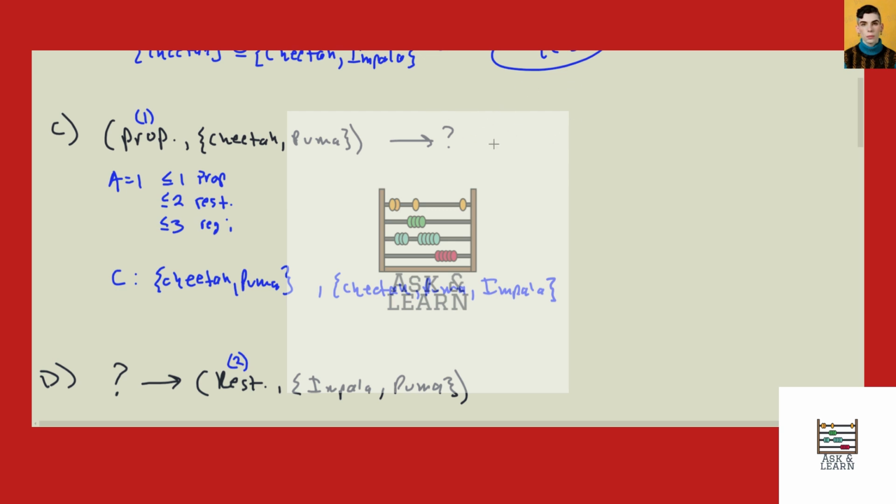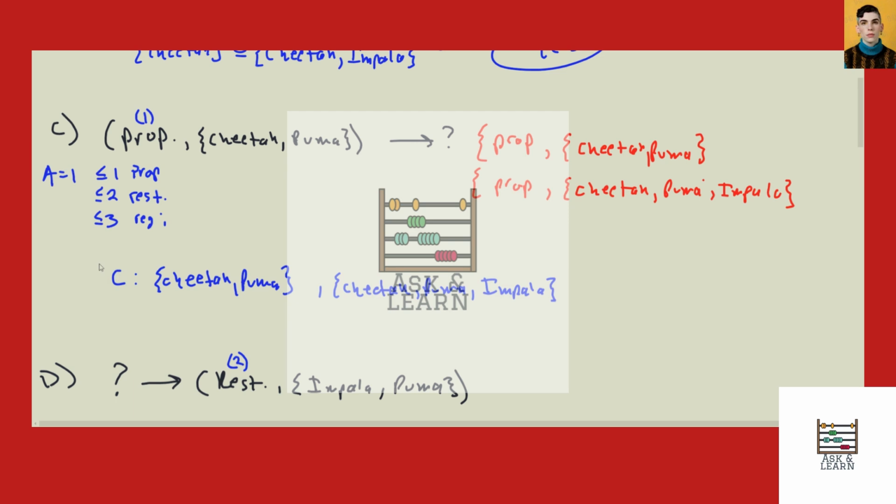Instead of writing numbers, we'll just write proprietary. So we have proprietary, and then we can have Cheetah, Puma, and then we can also have proprietary, Cheetah, Puma, Impala. Let me scoot these over a little bit.